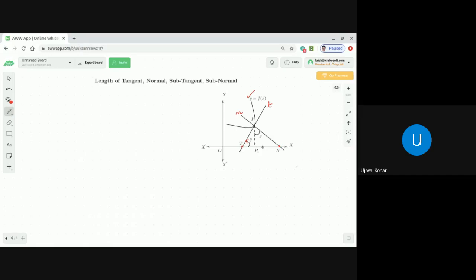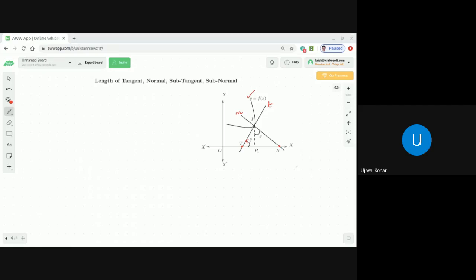Capital T is the point of intersection of the tangent to the curve y equal to f(x) at the point P with the x-axis. And what is N? Capital N is the point of intersection of the normal to the curve y equal to f(x) at the point P with the x-axis. Fine.